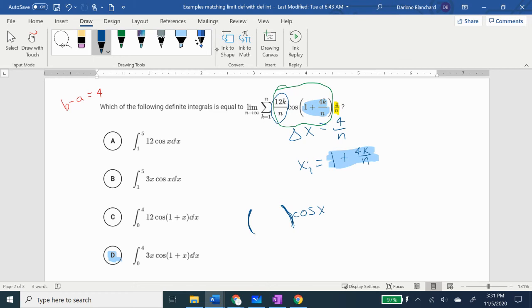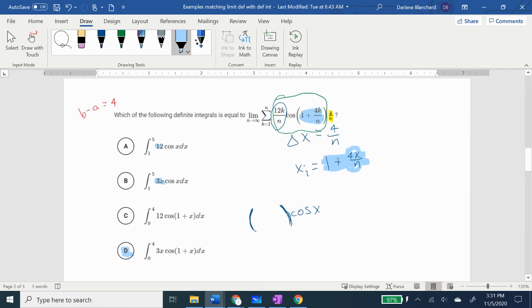And when I look at my possibilities, I can see that that's not happening, that this is not going to work. Based on what is chosen here, I can't ignore k over n and just put a 12. And I can't use just 4k over n and ignore the plus 1 and let it be 3 times x. So those won't work.